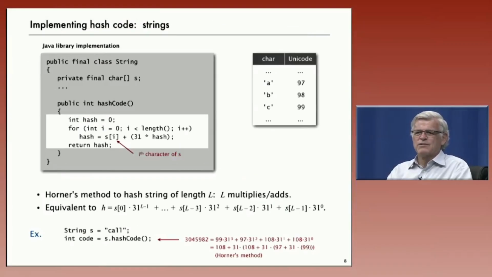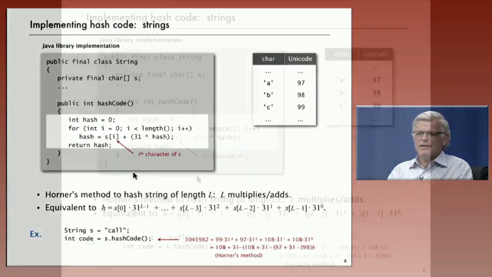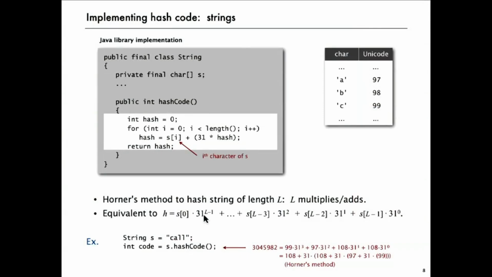And for strings, it kind of treats the string as a huge number, and then really computes the value of that number, mod 32. It uses a way of evaluating a polynomial or a number, so-called Horner's method, where for each digit you just multiply.